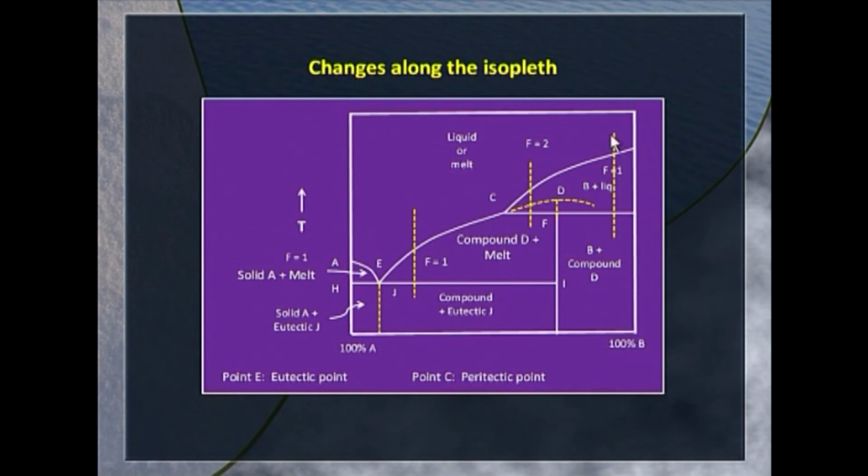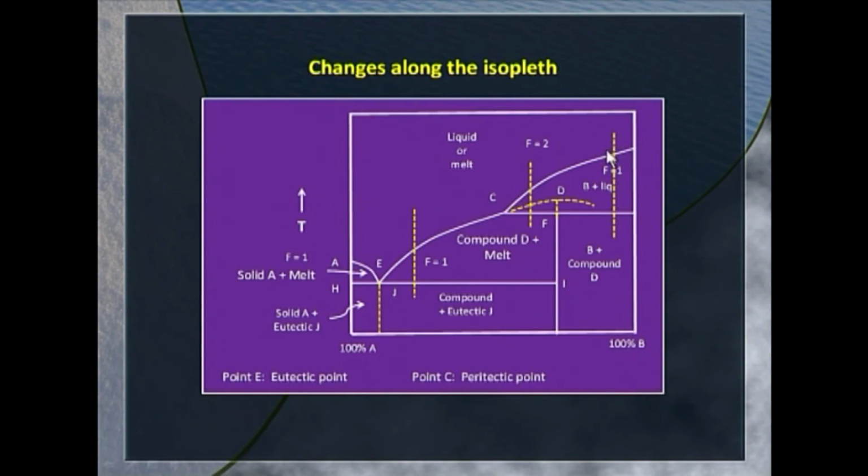Now, let us look at this cooling. You have a system which is rich in component B and you have a small amount of A in it. You are in the melt region. The two components are completely miscible, F is equal to 2, and you cool it and you reach the point on the line at which solidification sets in. Our experience tells us that solid B separates out, and as you cool it, more and more of solid B separates out.